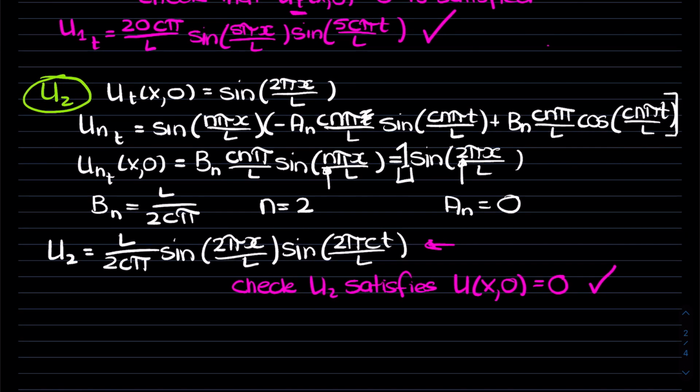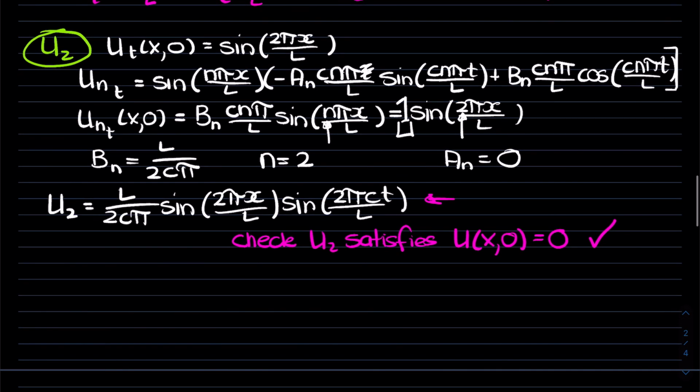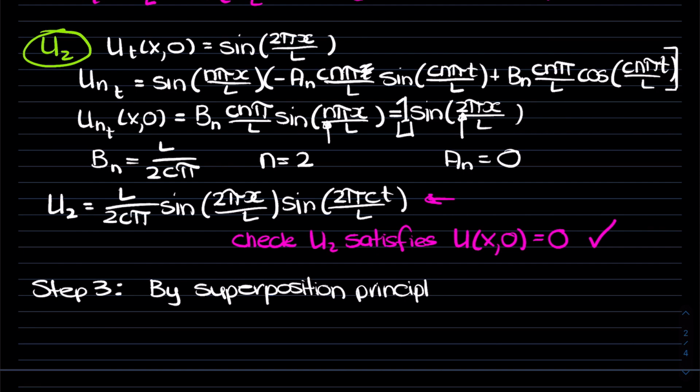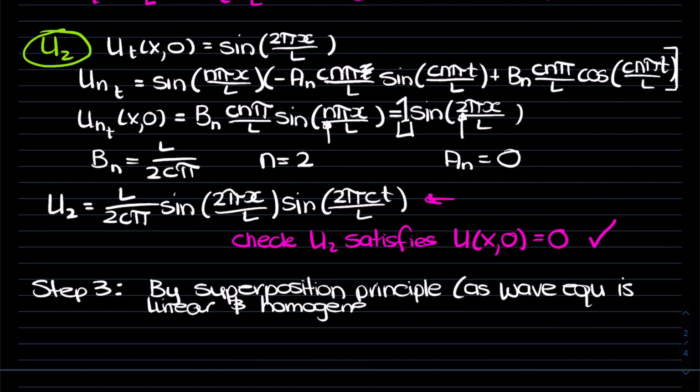So because we've satisfied all our conditions, we can say, all right, step 3, we can write, by the superposition principle, as the wave equation is linear and homogeneous, therefore u equals u1 plus u2.